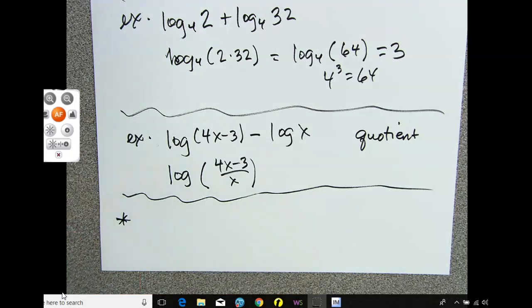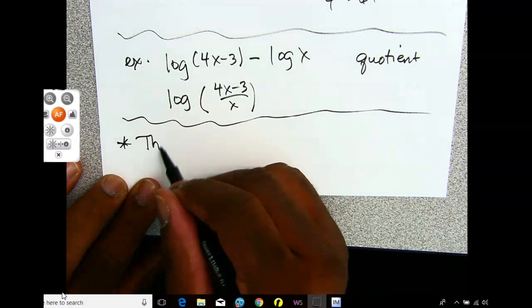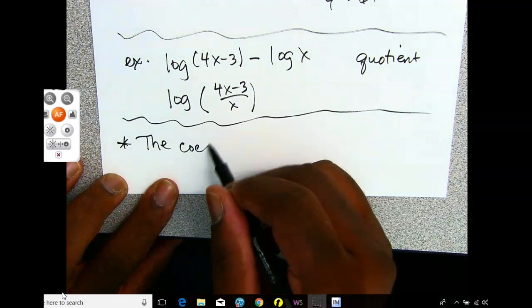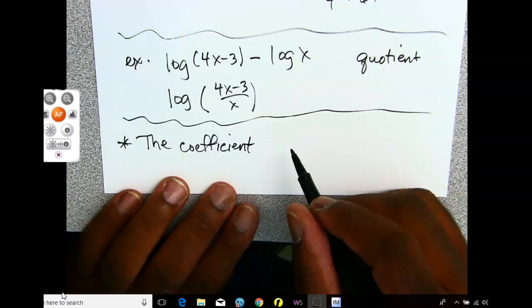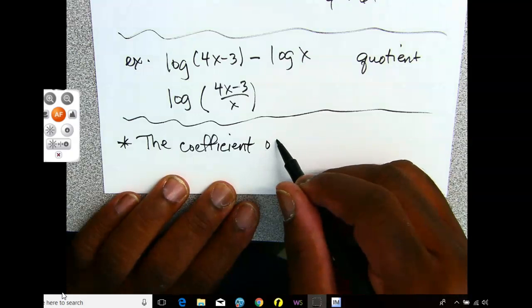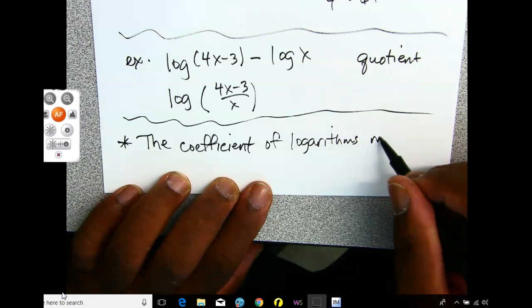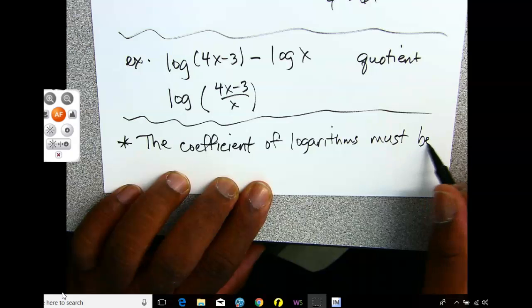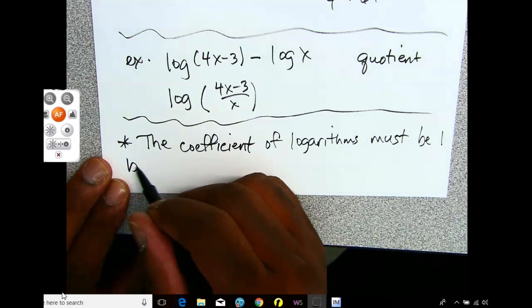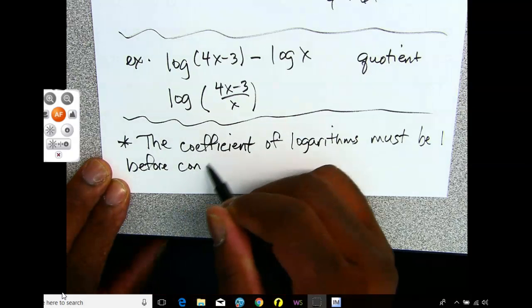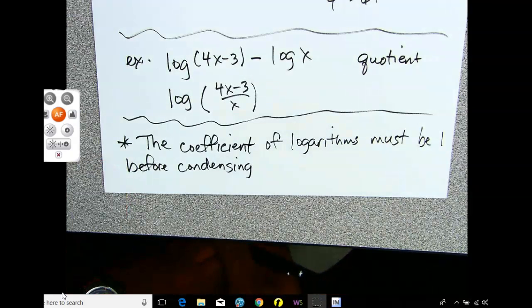Now, this next statement is really important when you're talking about condensing. So the coefficient of your logarithms must be 1 before condensing using product and quotient rule.